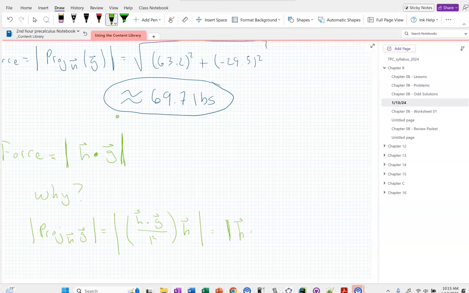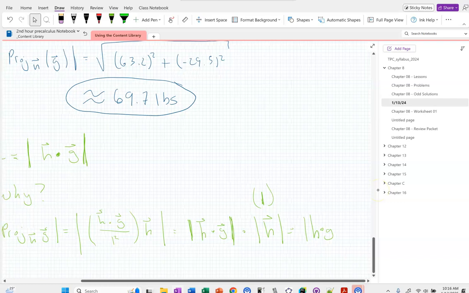So I can take that scalar out with an absolute value. And then I just have that scalar times the magnitude of H. What's the magnitude of H again? We decided it to be 1. So we're just left with the absolute value of H dot G.